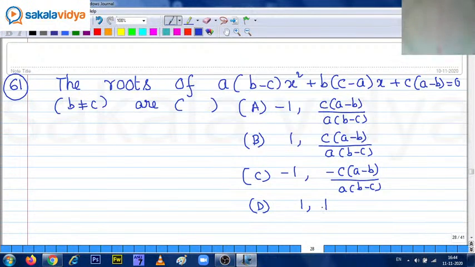You try this question. I will give the time. This will be useful for IIT entrance also. Very good. Option B, Viresh, correct.